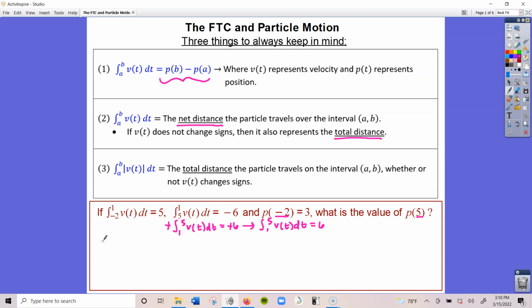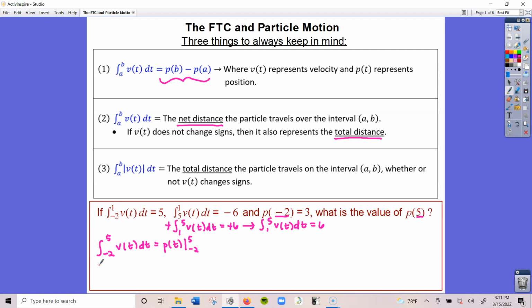So I'm going to set up my integral. This is going to be from -2, because this is this value, to 5 of v of t dt. And this is supposed to equal my position function evaluated from -2 to 5. To get this number here, notice how it goes from -2 to 5. And these two integrals that I have, from -2 to 1, and then 1 to 5, if I add them together, give me from -2 to 5.